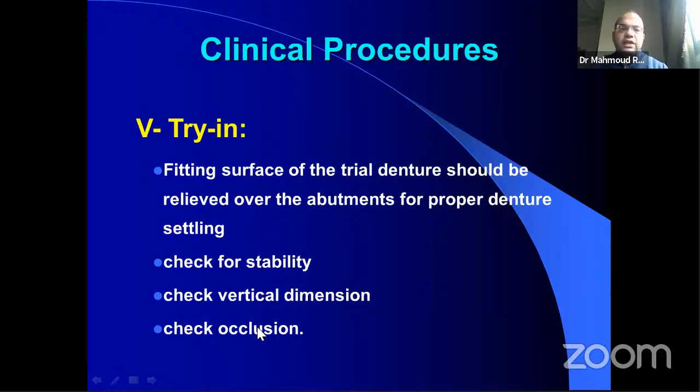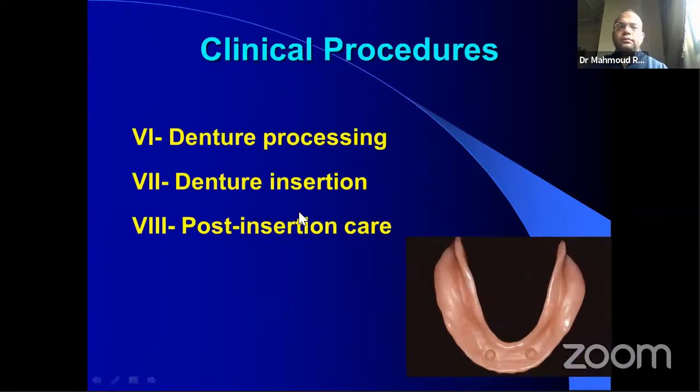Check for stability, vertical dimension, occlusion, and esthetics, like we made in complete denture. Then we go for denture processing, denture insertion, and post-insertion care like complete denture, the same steps, no difference between overdenture and complete denture in these steps.